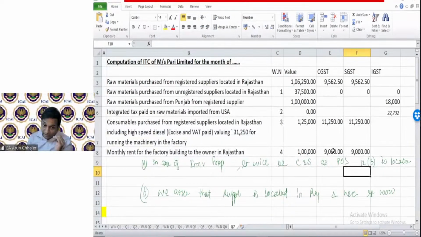Or we should write, we assume that the supplier is located in Rajasthan and therefore it will be C plus S. Which assumption do we need to add if I am charging CGST and SGST?